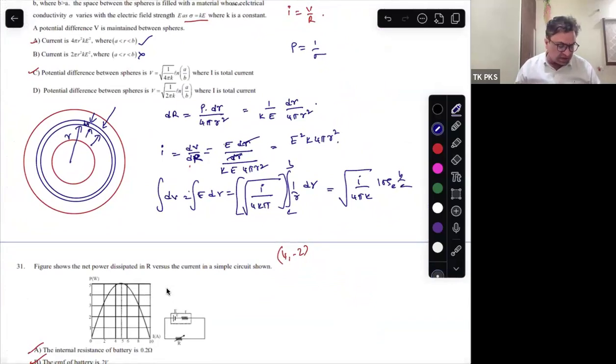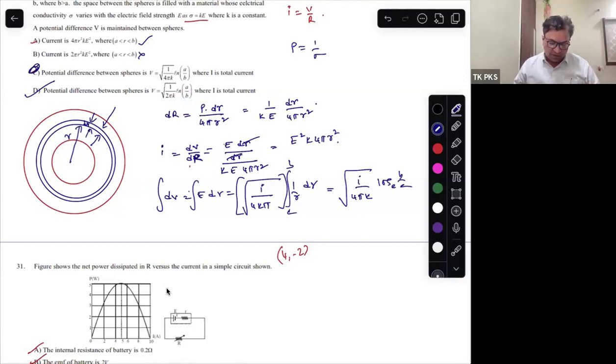I think they have given the answer as C, but I got it as B. 1 by 2 pi log potential difference. This is the wrong answer. This is the correct answer. It should be AD, not AC. They have given AC as the answer.